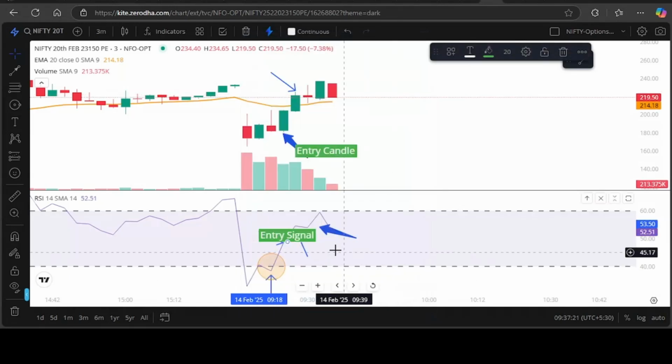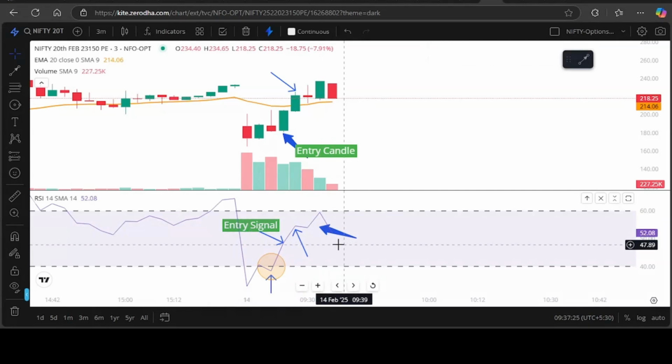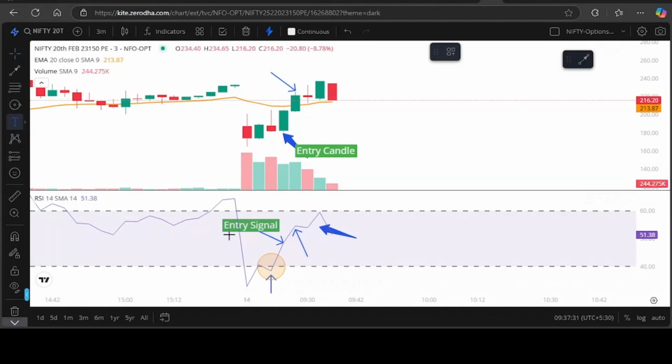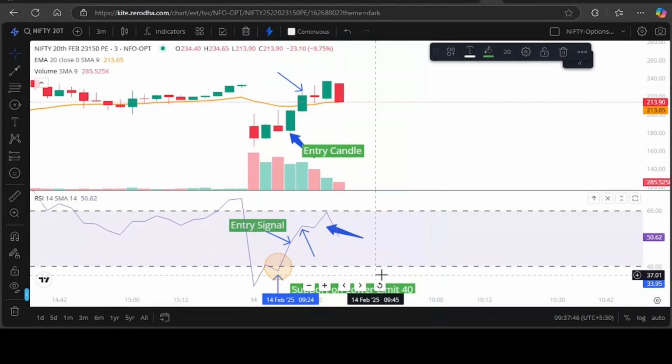Yes, entry signal is a better word. Okay, and here I will put a text, support on lower limit 40, support on lower limit 40.